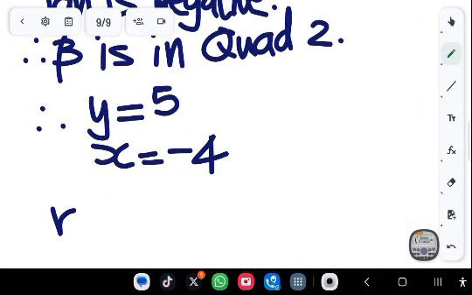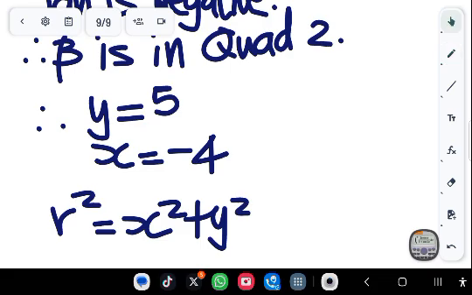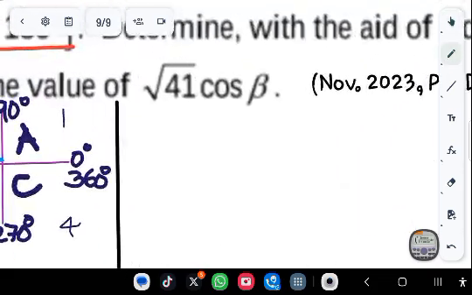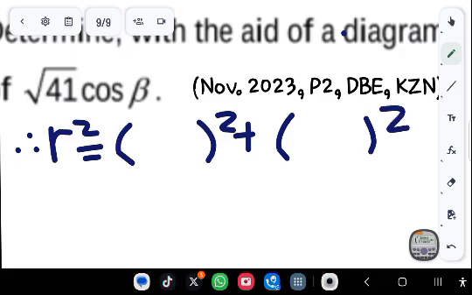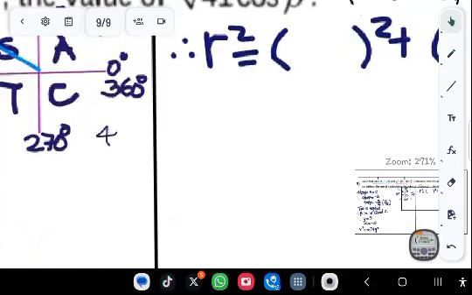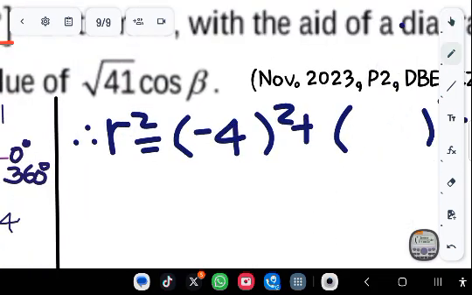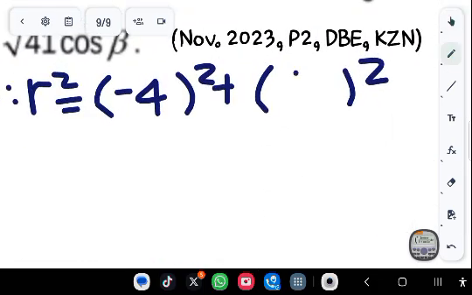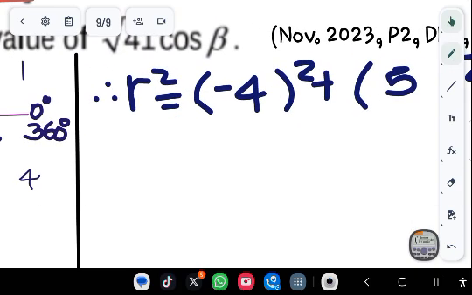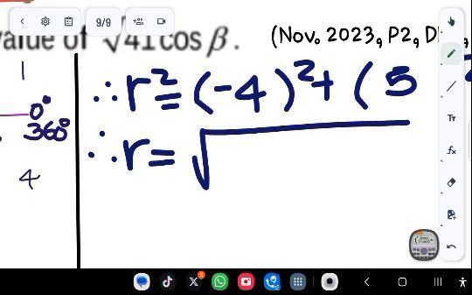R squared equals x squared plus y squared. That's Pythagoras. Now you must substitute. Therefore, r squared equals negative 4 all squared plus positive 5 all squared. Therefore, r will be positive. Remember, r can never be negative.